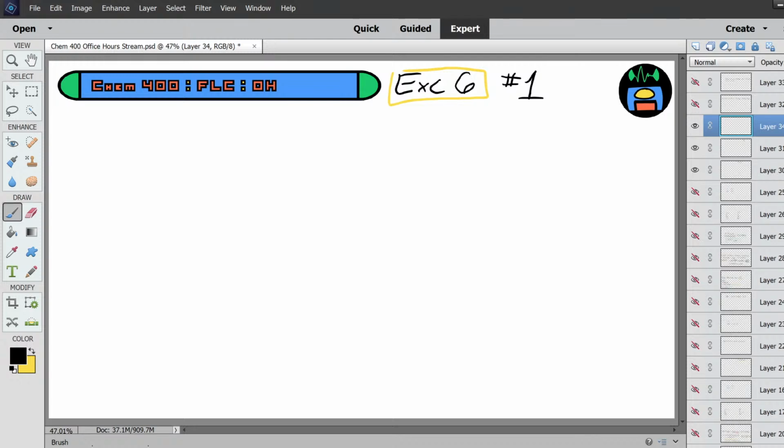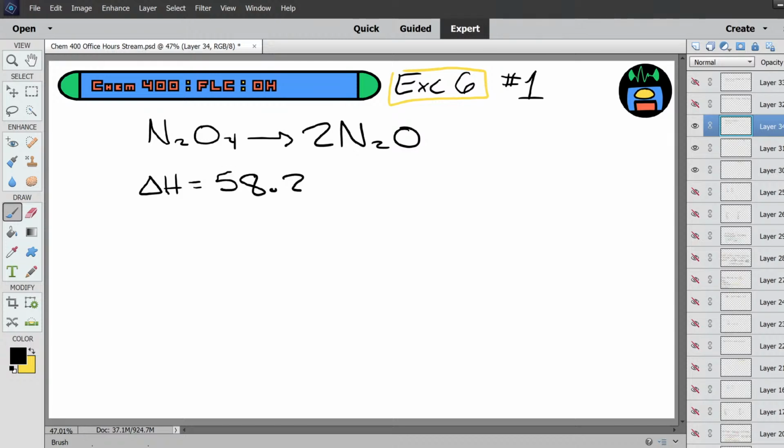Okay, so the following reaction has a change in enthalpy, and they give us the reaction of N2O4 decomposing into 2 N2O. This reaction has a change in enthalpy, delta H, of 58.2 kilojoules per mole.